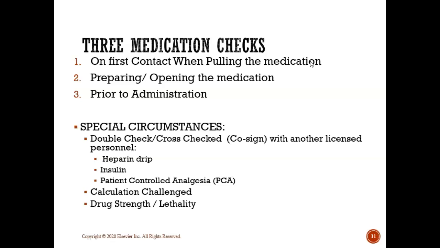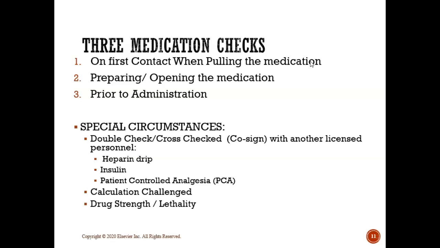Now, like I said, these are the minimum number of times that you want to check them. Sometimes there are going to be situations where you may need to check them quite more often than that. And it's always better to do that just to be safe. But there are things that you absolutely have to check a little bit more. So, special circumstances. There are medications that you'll have to double check or cross check or have another nurse or another licensed personnel co-sign with you.